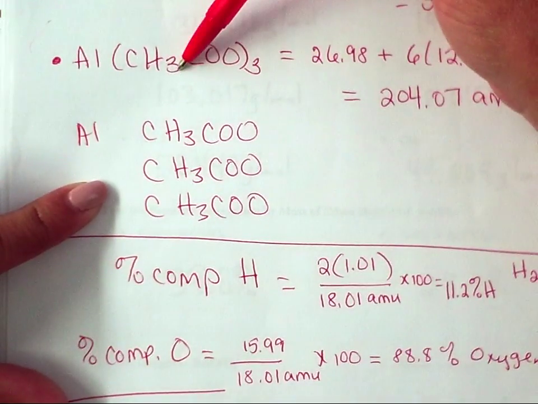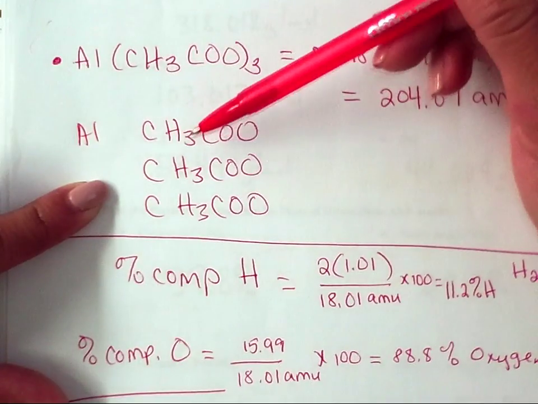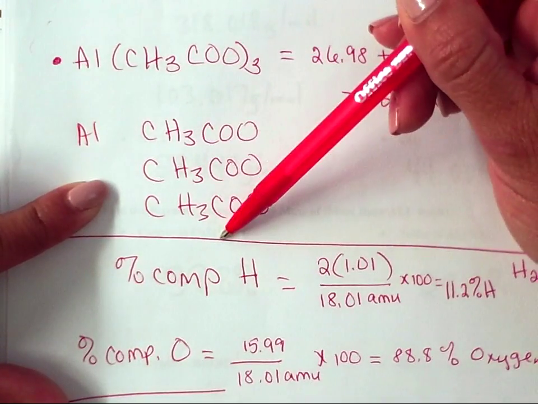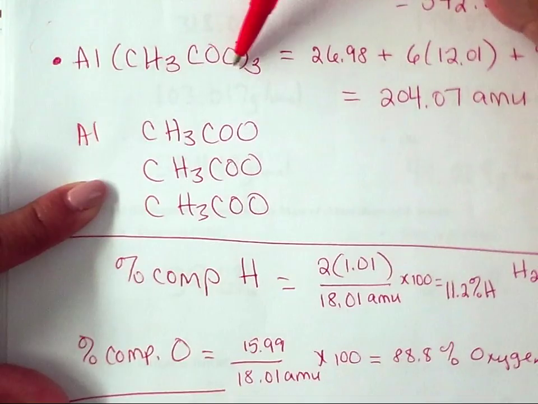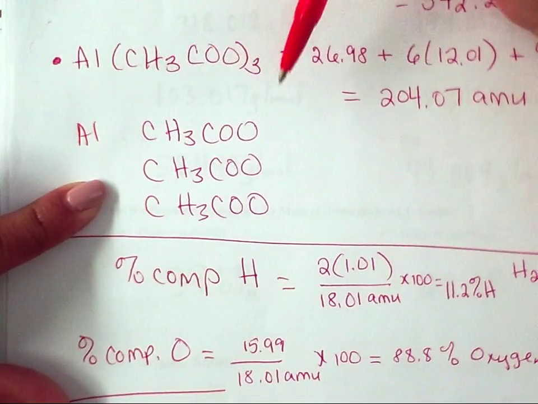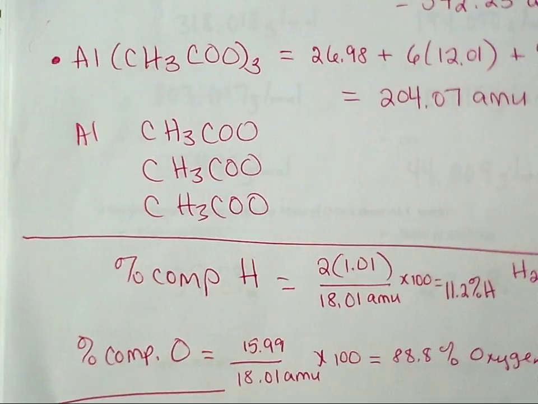Hydrogens, there's 3 of them here, but the entire thing is in a parentheses of 3, making it 3, 6, 9, okay? Oxygens, there's 2 within the parentheses, but that's wrapped around with a 3, so 2, 4, 6. Just make sure you have the right number of each one before you start adding, and you will be fine.